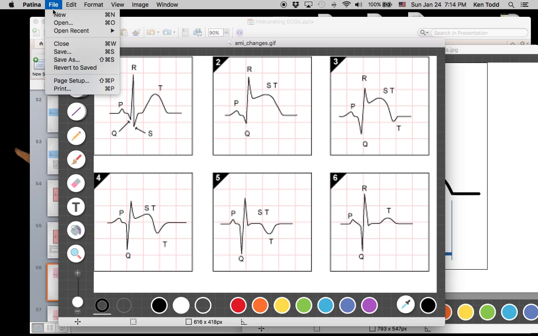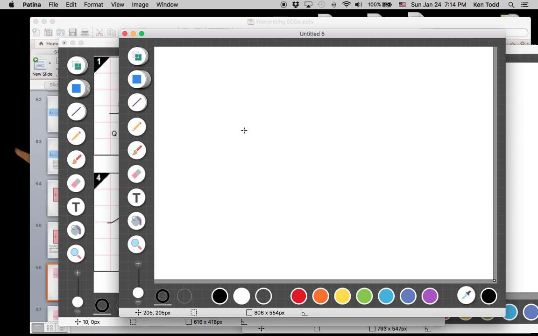Now, another thing that I talked about at the beginning is how an MI can kind of shift your cardiac axis. So part of the reason for, let's say we had a huge infarct over here.